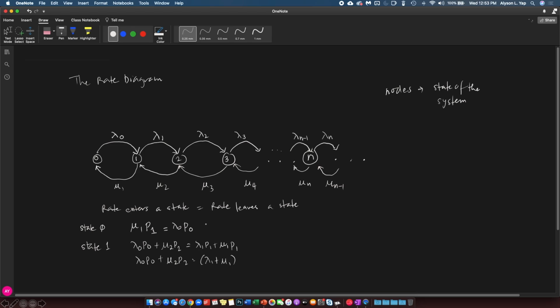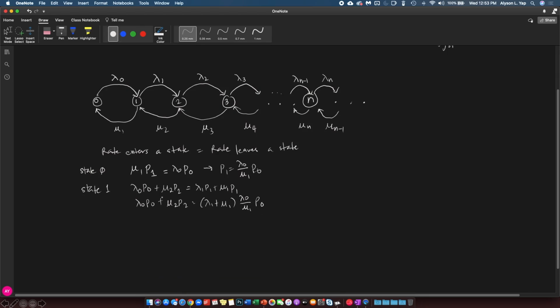But remember, from here, we got P1 is equal to lambda 0 over mu1 P sub 0. Therefore, we can substitute P1 with this. Okay? And then, transferring lambda 0 P0 to the right, we have mu2 P2 is equal to, if we multiply lambda 0 over mu1 P0 times lambda 1, we get lambda 0 lambda 1 over mu1 P sub 0.